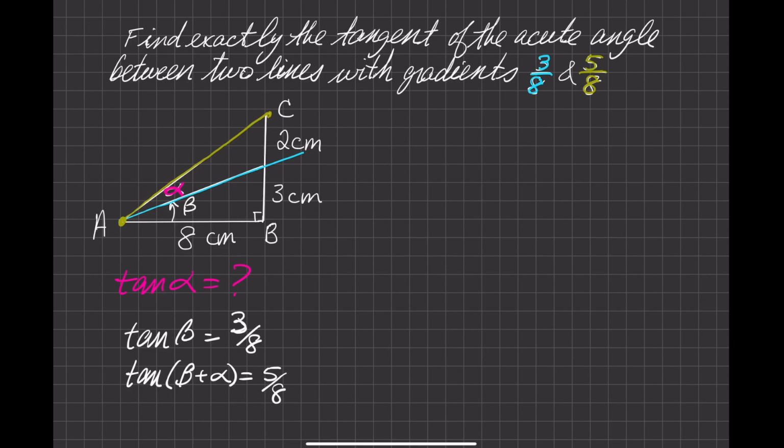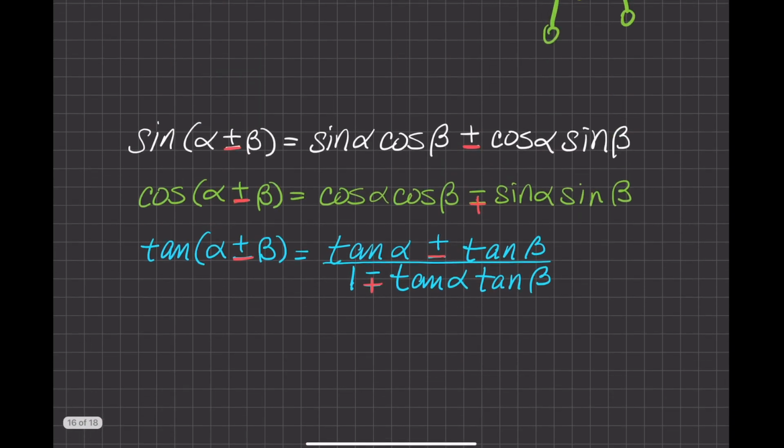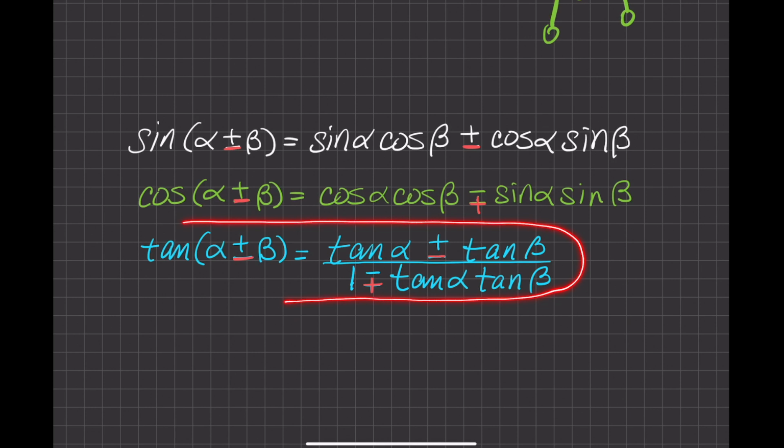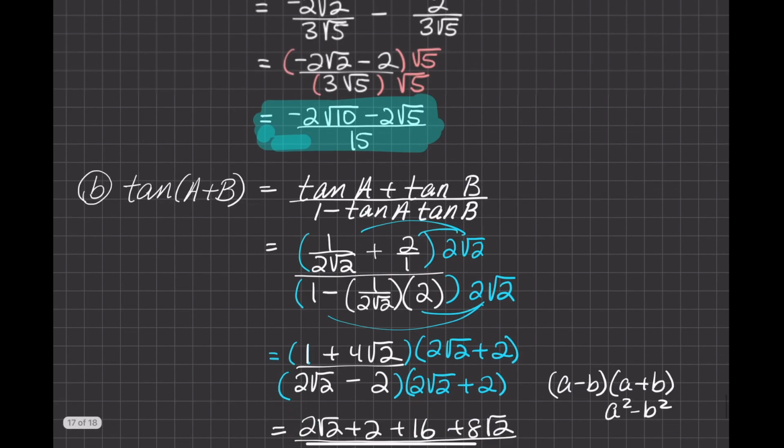What's the tangent of alpha? We know the tangent of beta, and we know the tangent of the sum of two angles. We have an identity that we can work through that's going to allow us to see the tangent of alpha, and effectively we're going to eventually get that tangent of alpha isolated. So we're going to be working with the sum formula for the tangent of two angles.